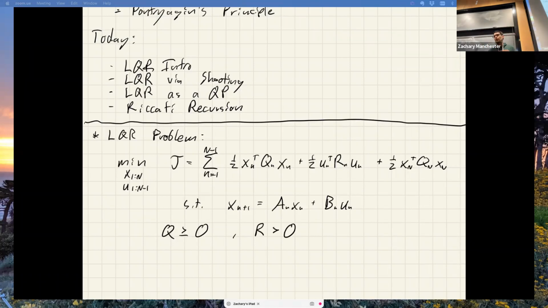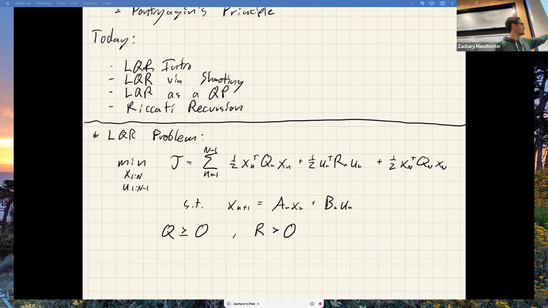This will become clear when we get into the math. Basically, you have to invert R when you solve this, so R has to be strictly positive definite to get unique solutions. Q you don't have to directly invert, so it's okay for it to have some zero eigenvalues. Trivially, if Q were all zeros, it means I don't care about my state at all, so the optimal controls are zeros also. So that's legal, and you still get a decent solution.